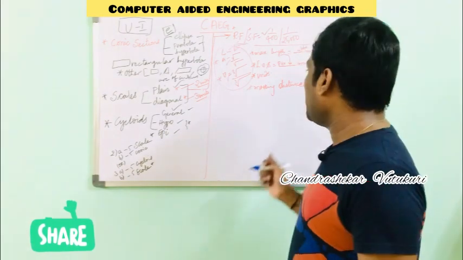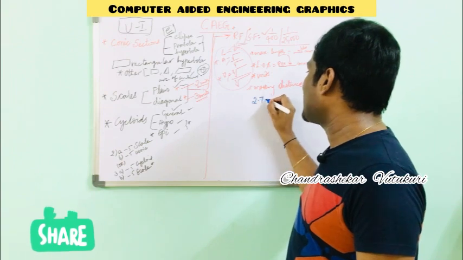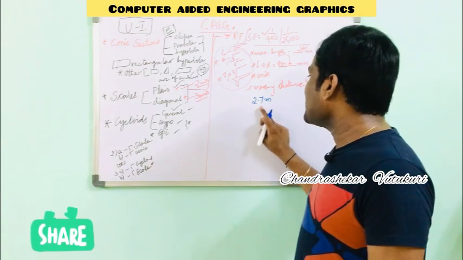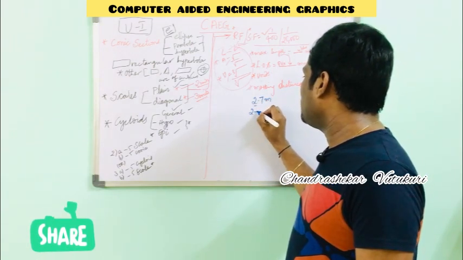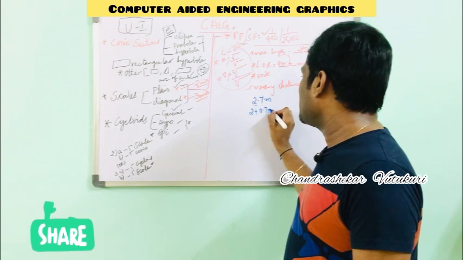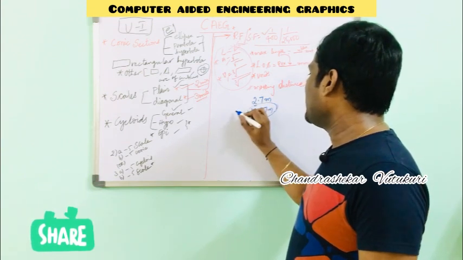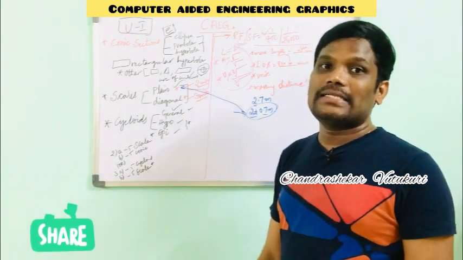If you look in a question paper, the marking distance is, for example, 2.7 meter. Getting, dear students? If you see, it is 2 plus 0.7 meter, 2 meter and 0.7 meter. There are only 2 units. By looking at this, you can say that this is a plane scale.